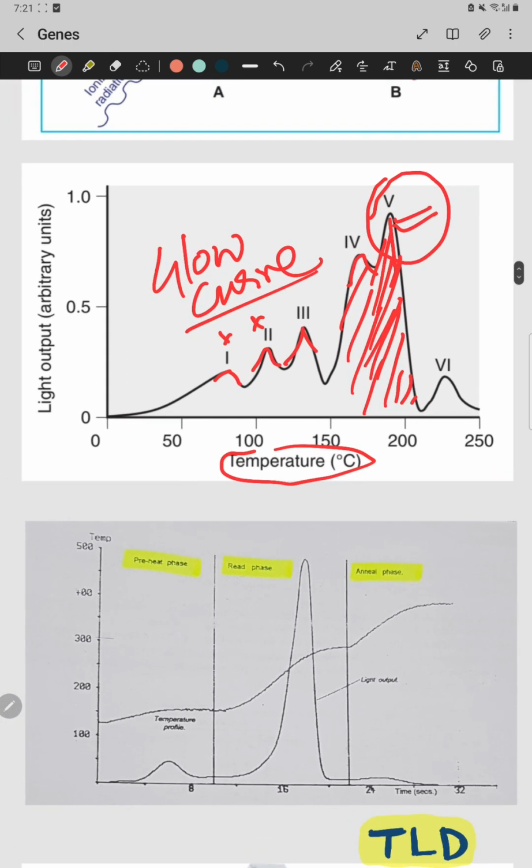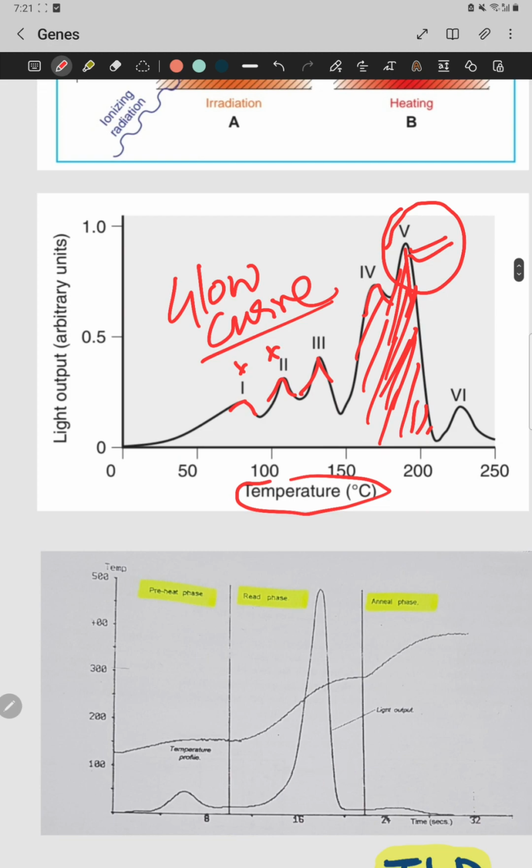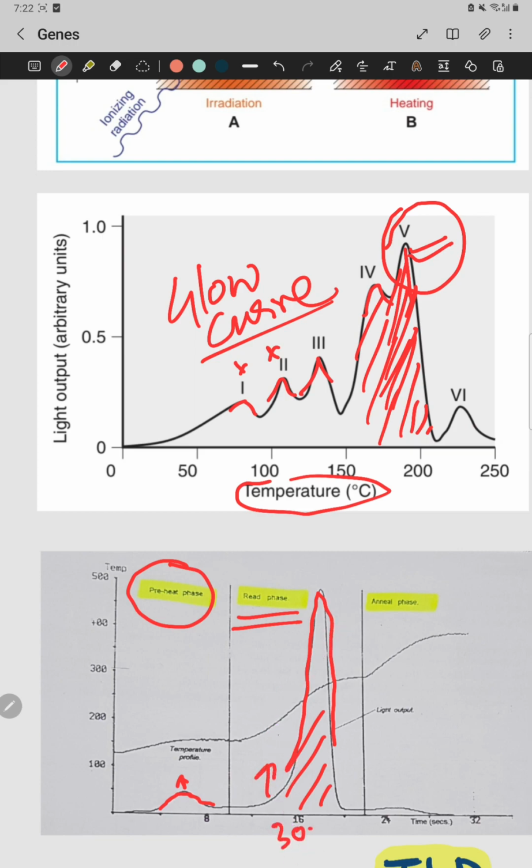Okay, now this is the same information, but at a lower temperature you can see some small peak. This is the important peak, and this is the area that you measure. This is the preheat phase, where you measure how many electrons are trapped until now. Then this is the read phase, where you heat up to 300 degrees Celsius to know which of the electrons are being released as photons.